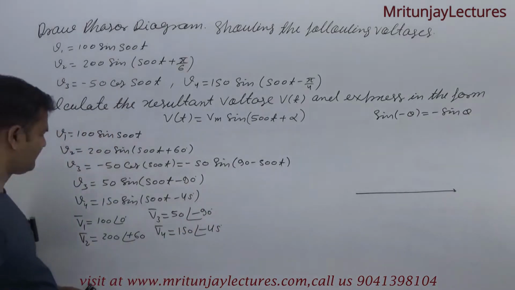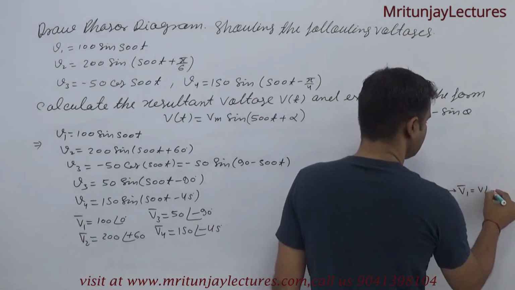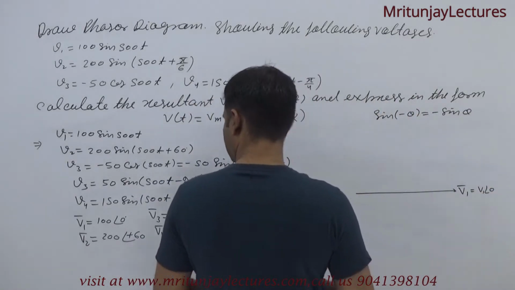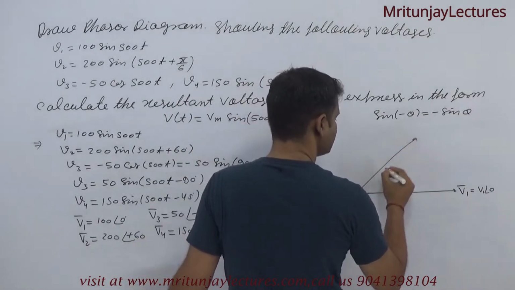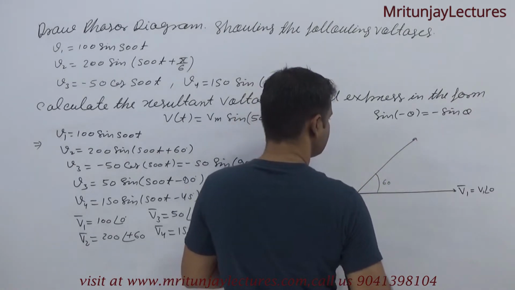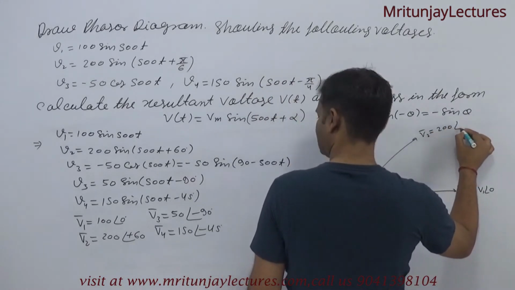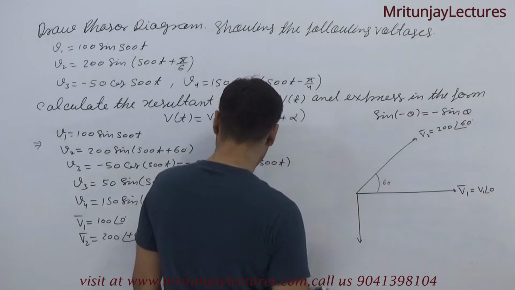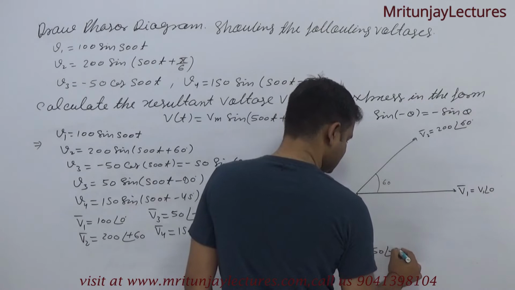So draw the phasor diagram. V1 is 100 at the angle 0, so V1 like this, V1 at the angle 0 degrees. What about V2? V2 is 200 at the angle 60 degrees. And V3 is 50 at the angle minus 90 degrees.